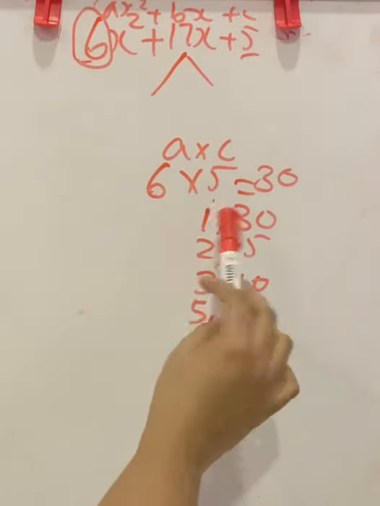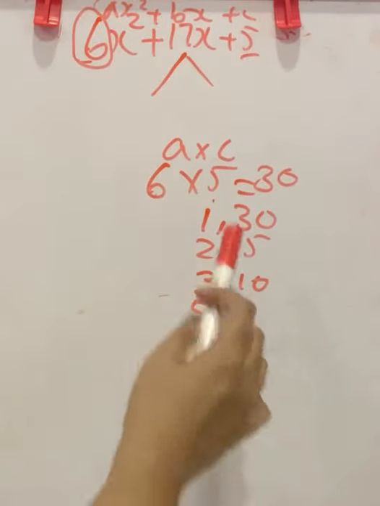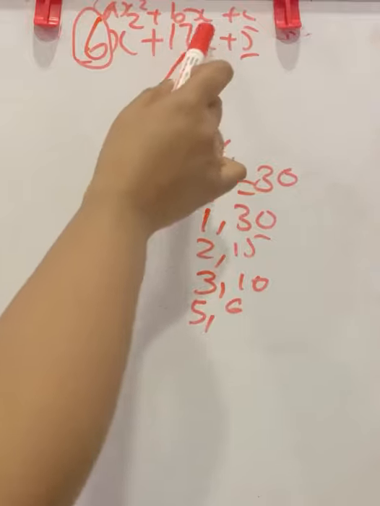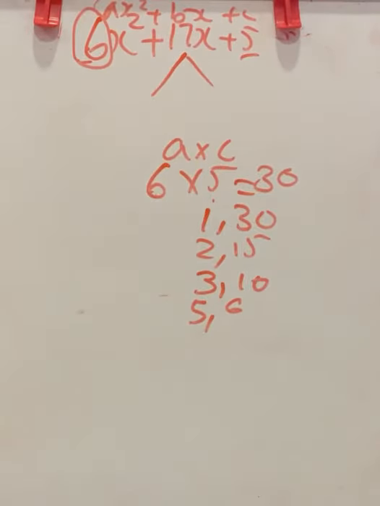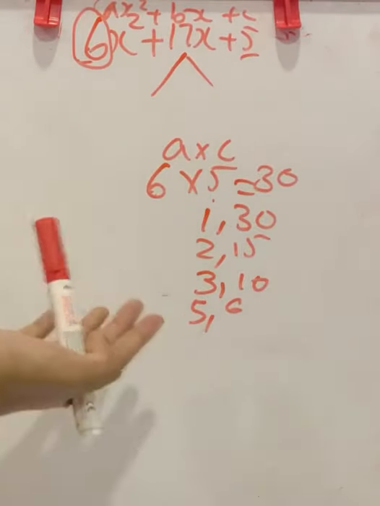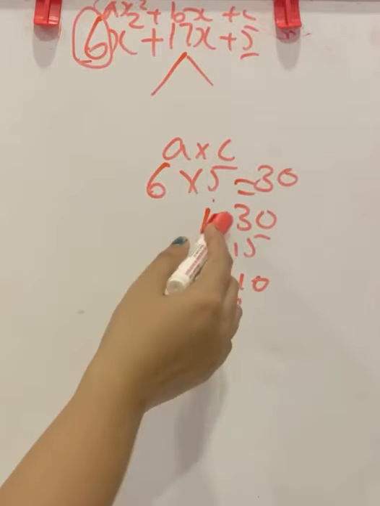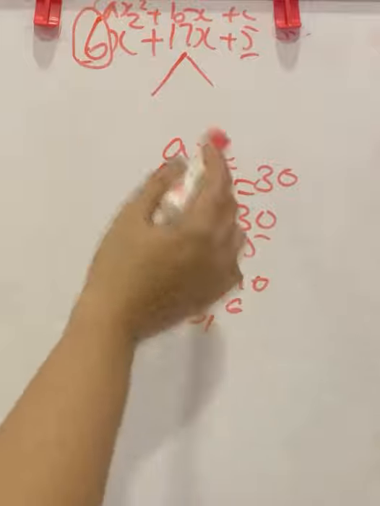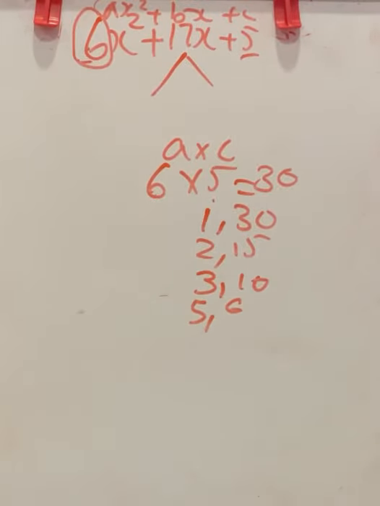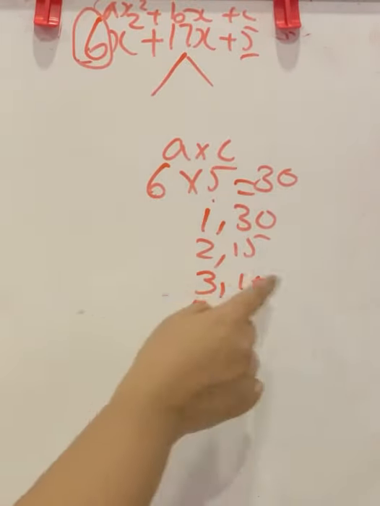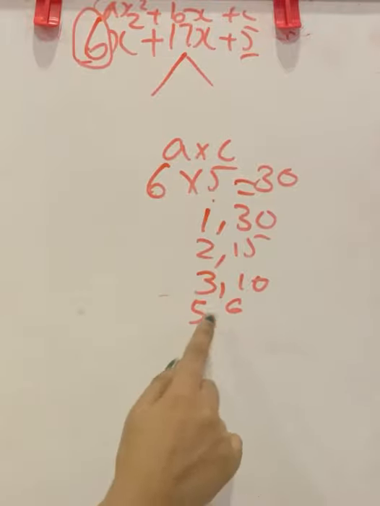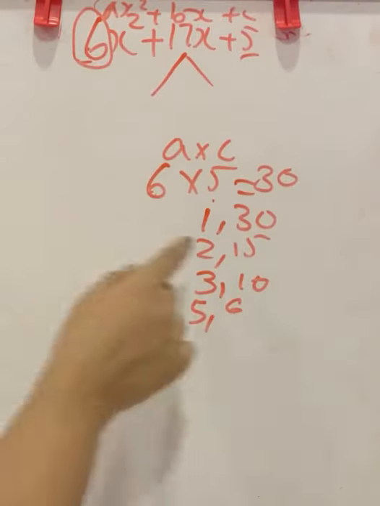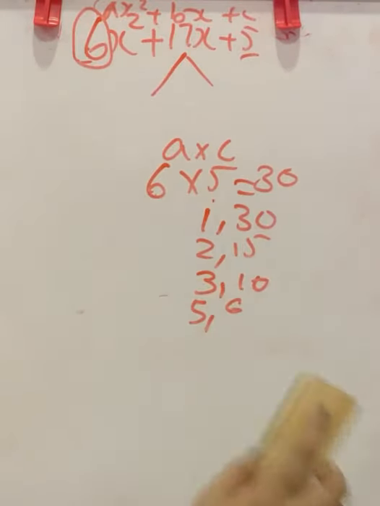That is, after adding or subtracting within the pairs, you have to get the middle term's coefficient. Here it is 17. With 1 and 30, you will not get 17. Now 2 and 15, yes, 2 plus 15 is 17, right? With 3 and 10, you will not get 17. With 5 and 6, you will not get 17. So we can take 2 and 15.